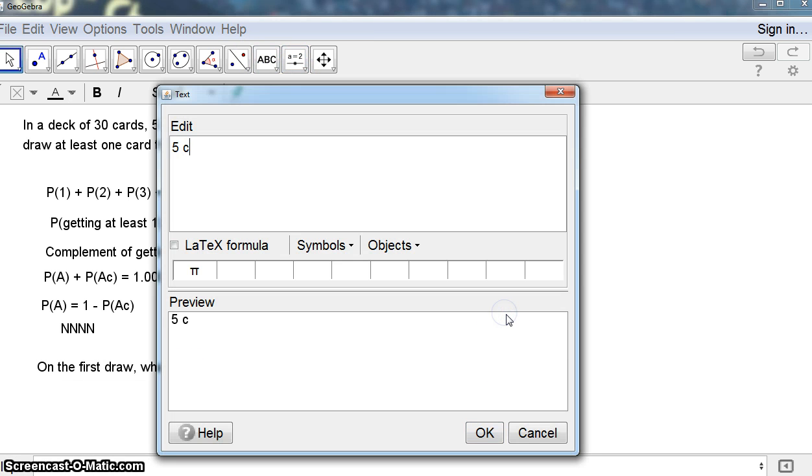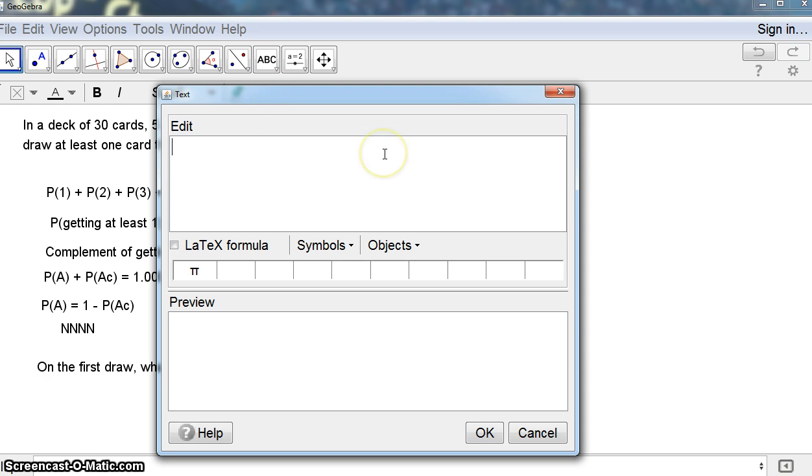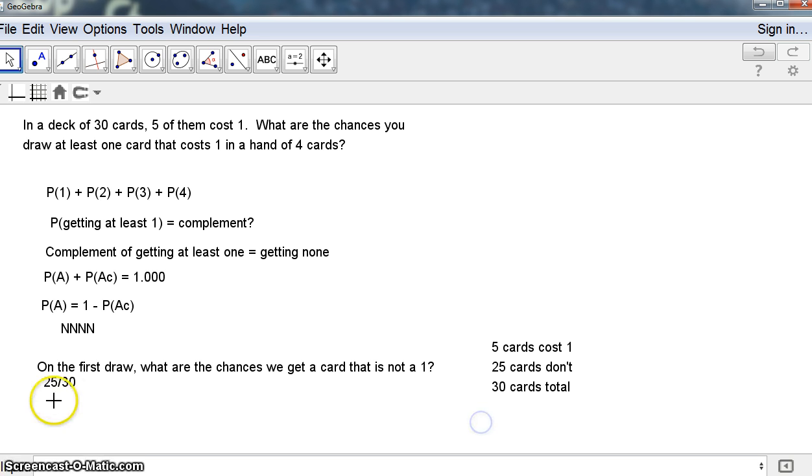Now we know there are 5 cards that cost 1. We know there are 25 cards that don't. And we know there are 30 cards total. This tells us that on the first draw, there are 25 ways to do it out of 30 possibilities.